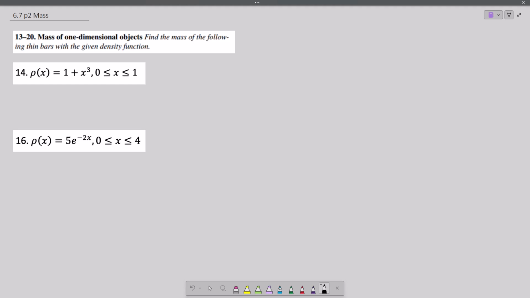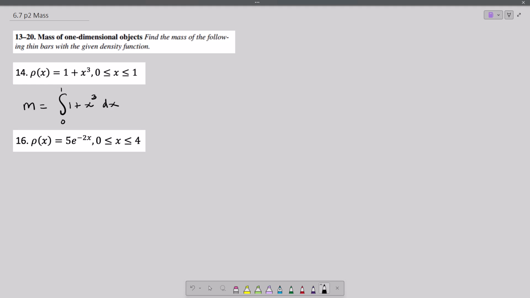If we integrate density, we will get to the mass. So mass is the integral of density. So if we want to find the mass of this wire, all we have to do is integrate the density function on that wire, and we will find the mass of the wire.